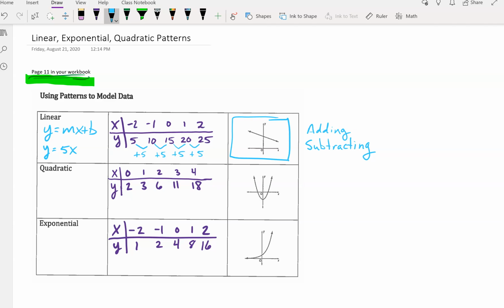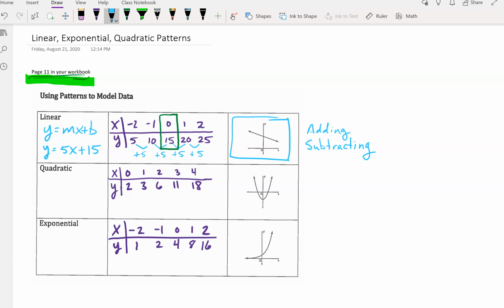And then you also see right here this value of y for where x is 0, and that is going to be our y-intercept. So we're able to actually know our y-intercept from this table as well, and you can write your equation. So that's going to be one of the things I'm going to want you guys to be able to do. So recognizing that pattern for adding and subtracting as a first difference.